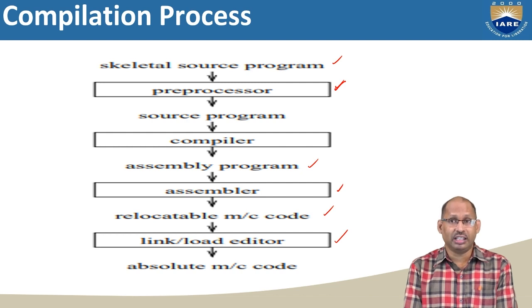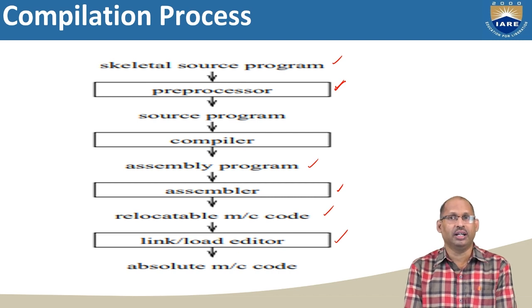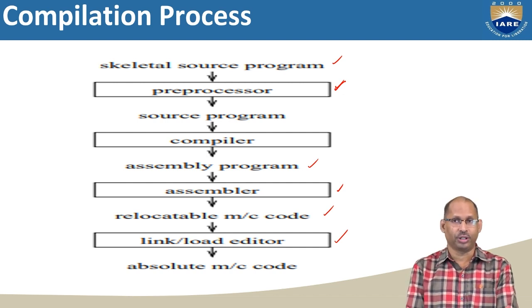If we use hash include string.h, the object code of string.h is included into our source program. So the task of the linker is to include the objects of the header files and any other files we include into our current program.